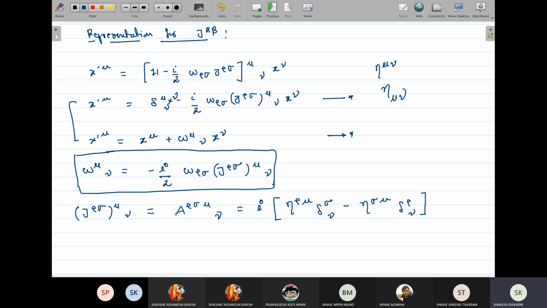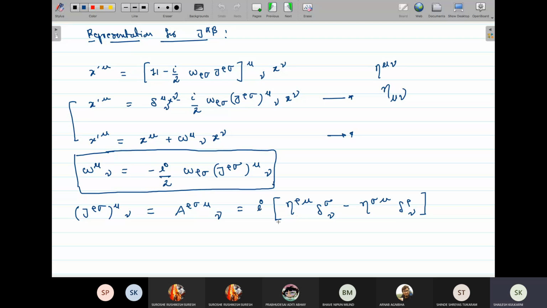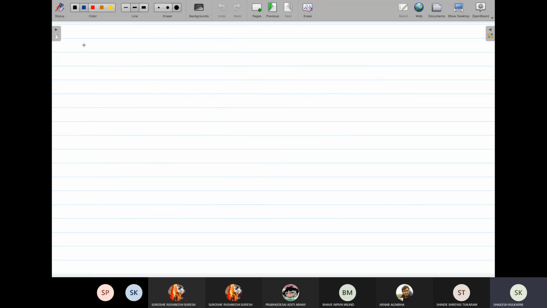Fine. Now let us substitute it here and see whether we get omega mu nu or not. So i times this, minus i by 2 omega rho sigma, times i times (eta rho mu delta sigma nu minus eta sigma mu delta rho nu).